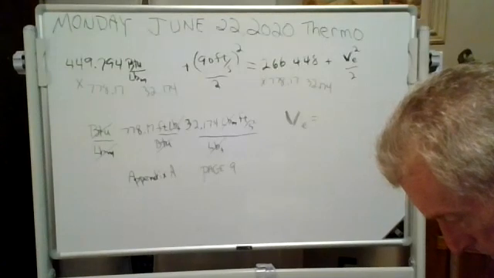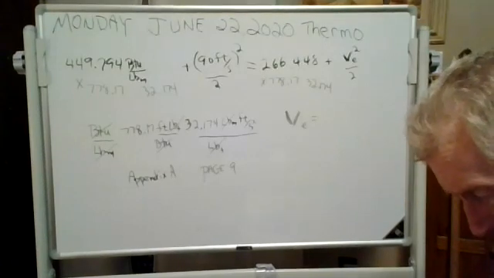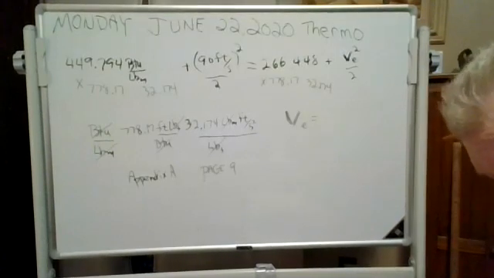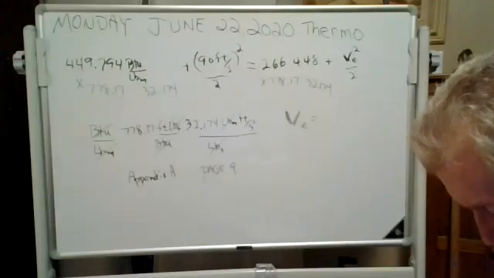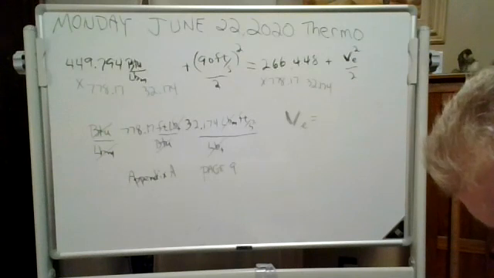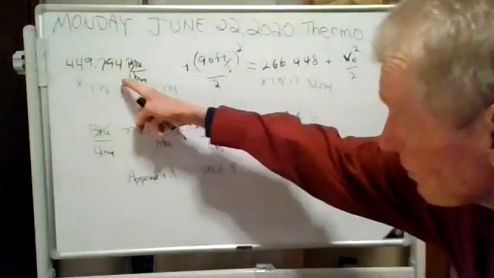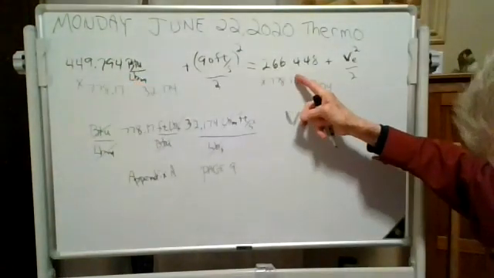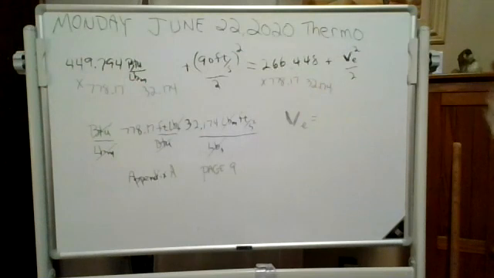And at 1800, okay, now just a minute now. We're in English. 1800 coming in, it's 449.794. I got that number right. But at 1500 going out, that number is wrong.